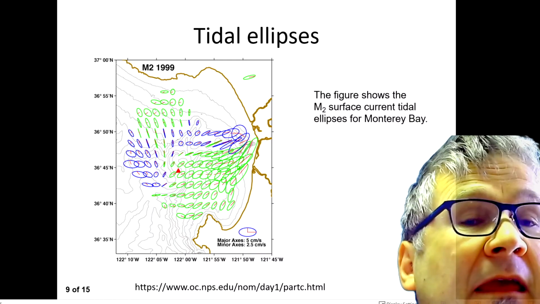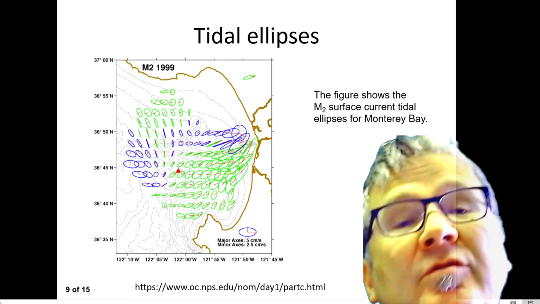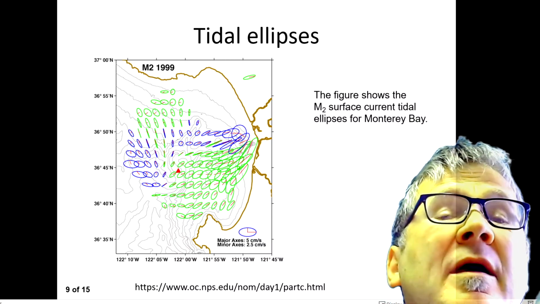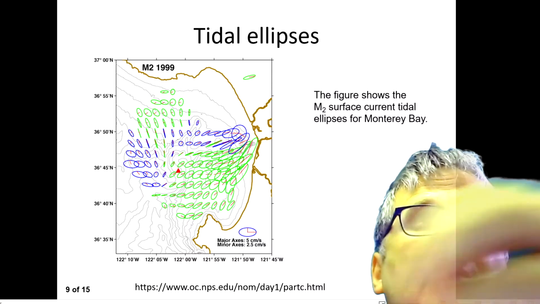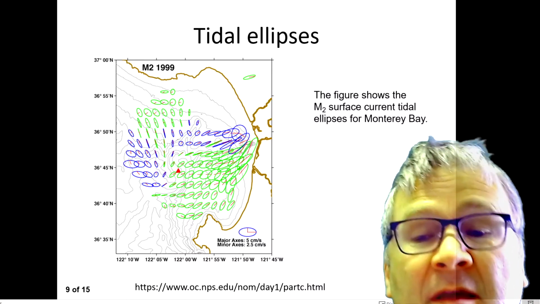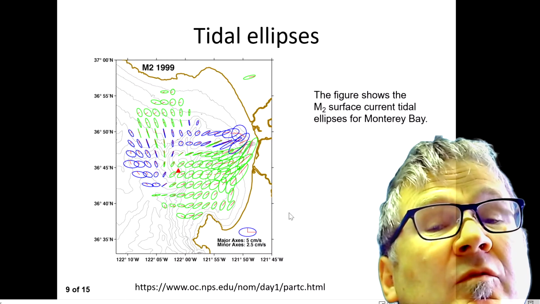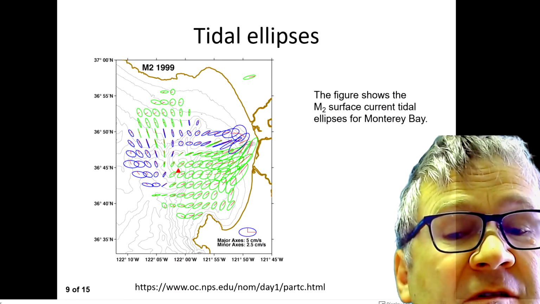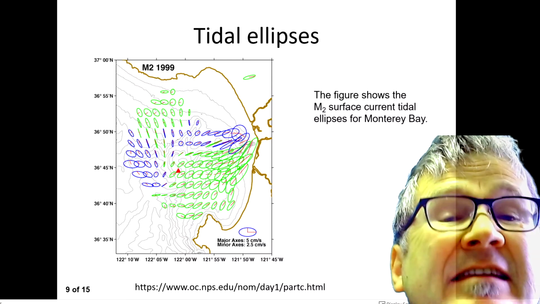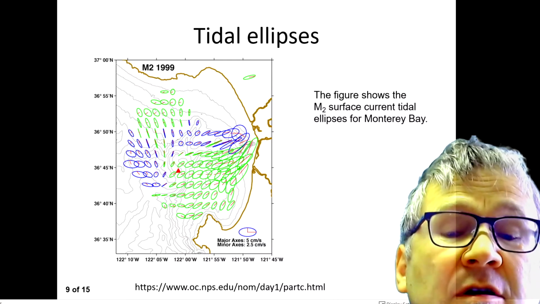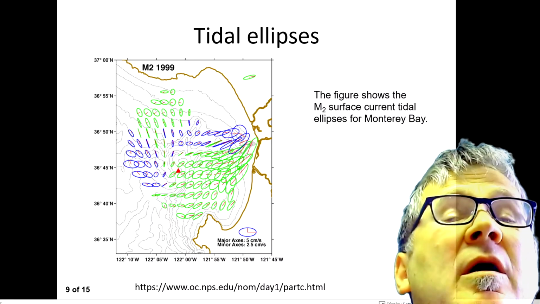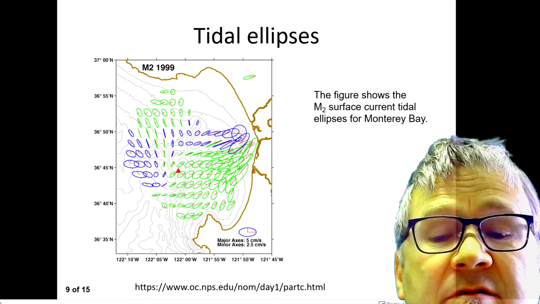And if you chuck a float into that tidal current, it would also undergo a circular pathway horizontally. Okay? So this is a method by which you can show the tidal currents in a region.